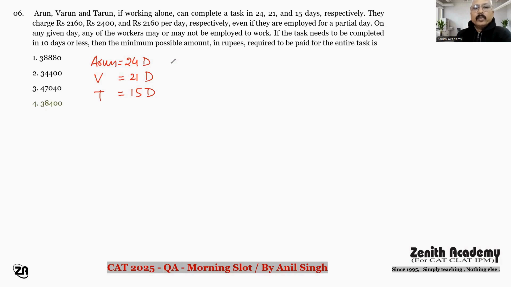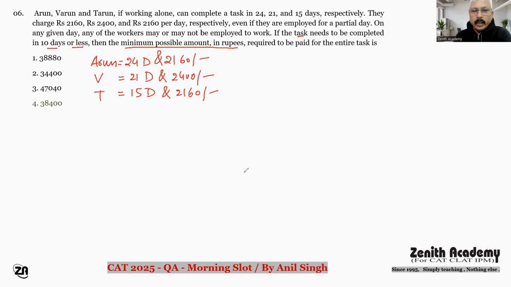And charges of Arun is given here 2160 rupees. And here Varun is charging 2400 rupees per day. And Tarun is charging 2160 rupees per day. And the question is, if the task needs to be completed in 10 days or less, then the minimum possible amount in rupees required to be paid for the task.